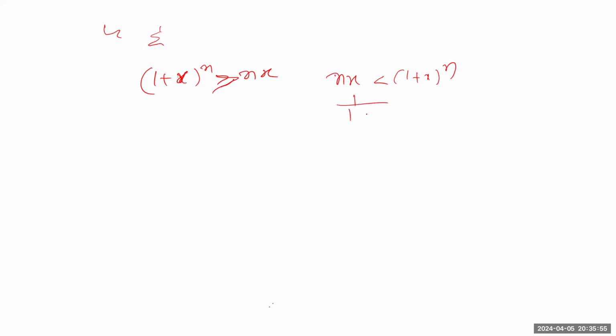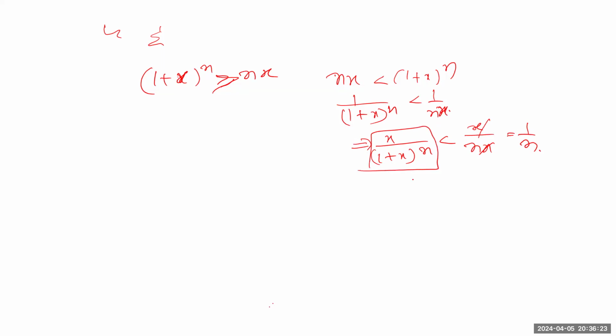And then 1 over 1 plus x to the power of n is less than 1 over nx, isn't it? If you multiply the numerator by x, x is positive. That implies x over 1 plus x to the power of n is less than x over nx. X cancel, that is equal to 1 over n. So x over 1 plus x to the power of n is less than 1 by n. So keep in your mind, this will be useful in a later part.